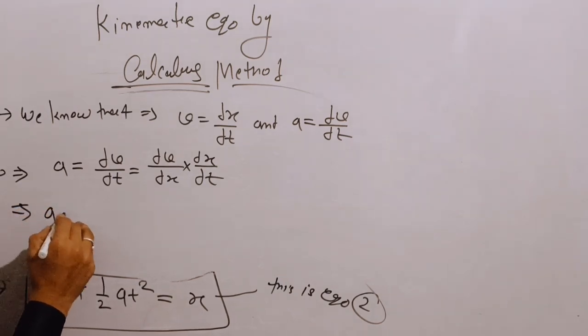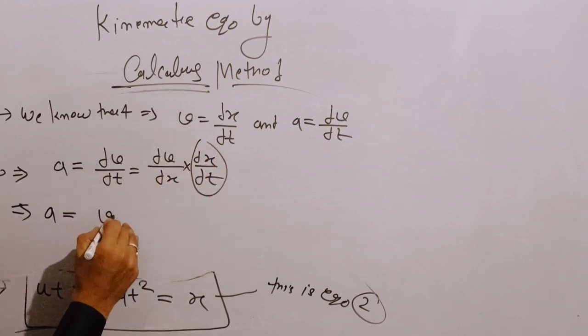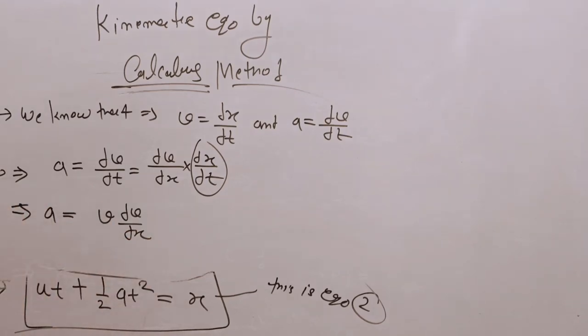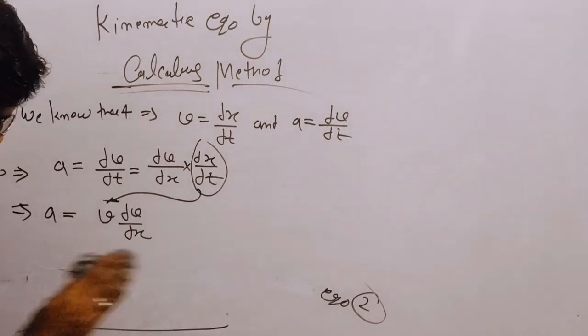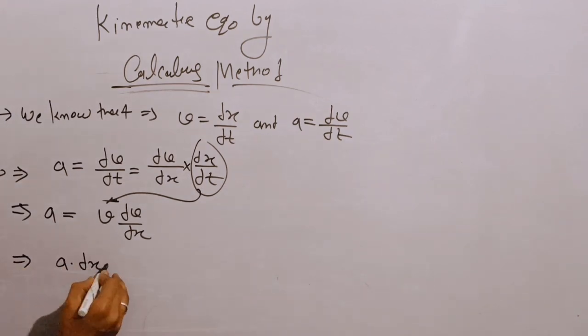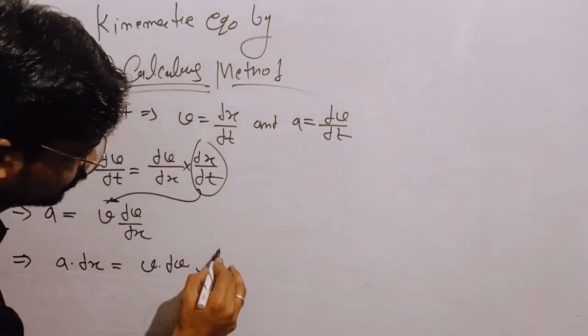So dx cancels out. So a is equal to dx upon dt, the value of velocity, and the remaining value is dv upon dx. So cross multiply, a into dx is equal to v into dv.